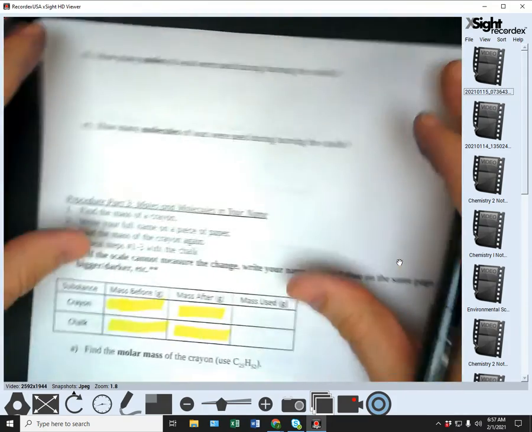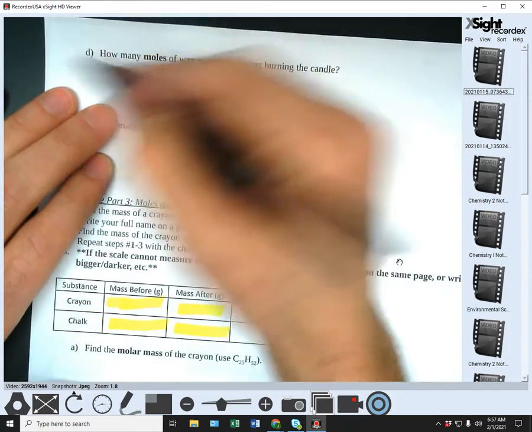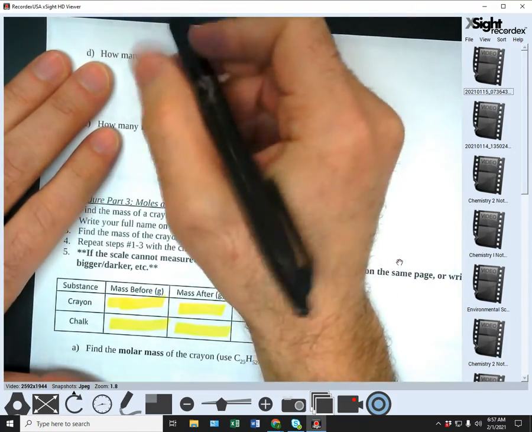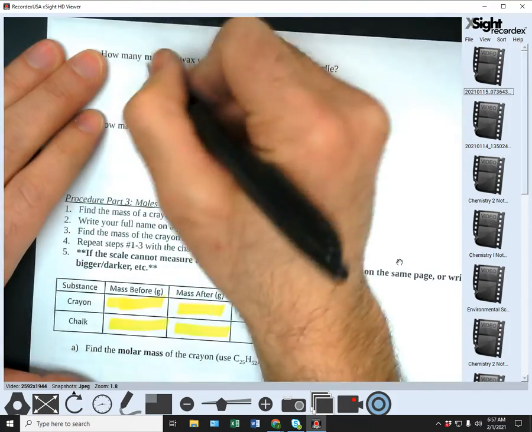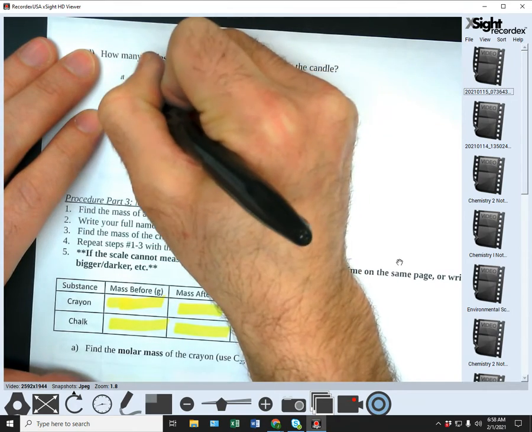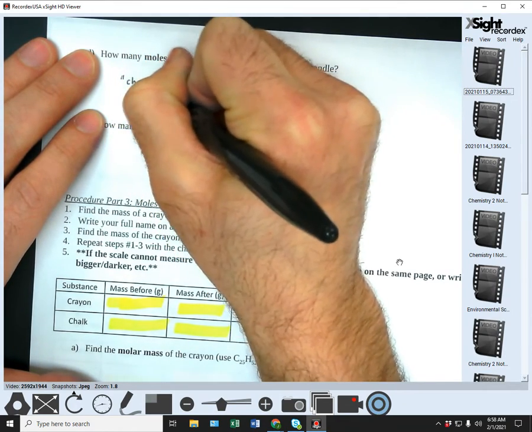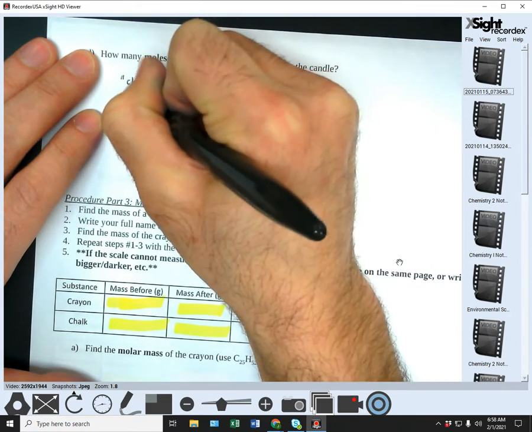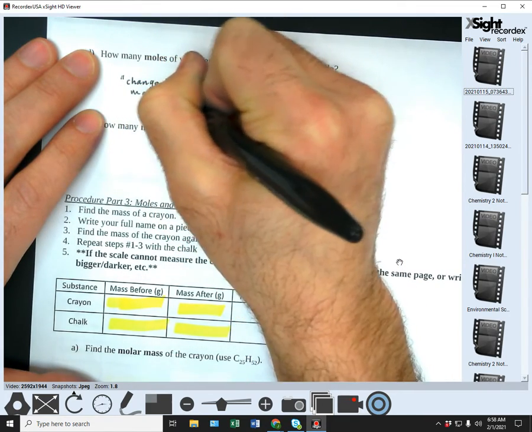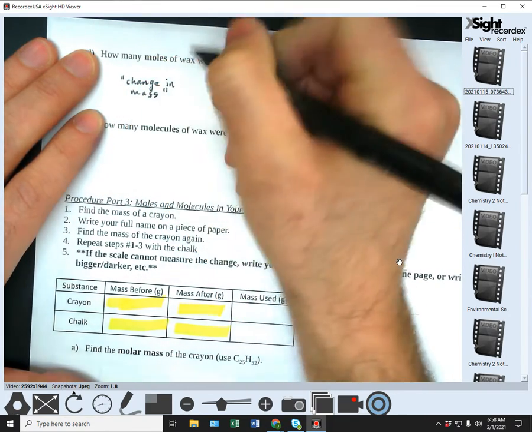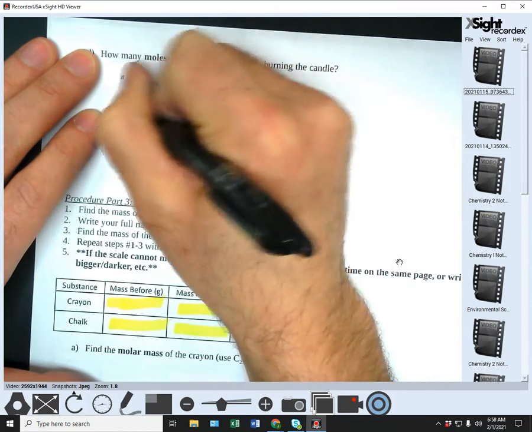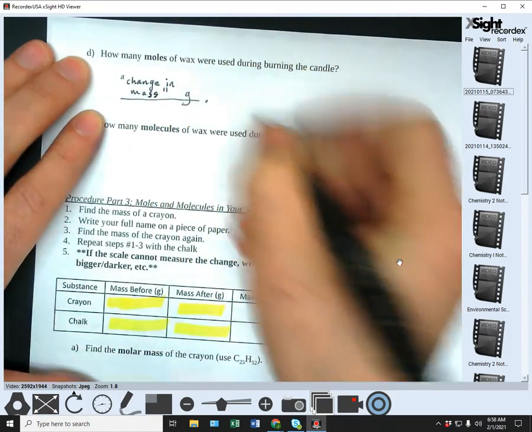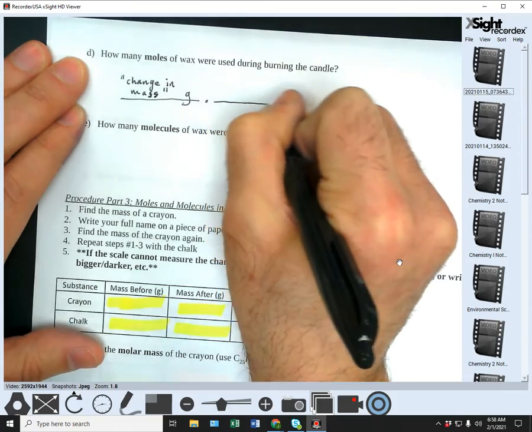So you're going to start with the change in mass amount, okay, in grams, and you're going to convert from grams to moles. This is of wax, right?